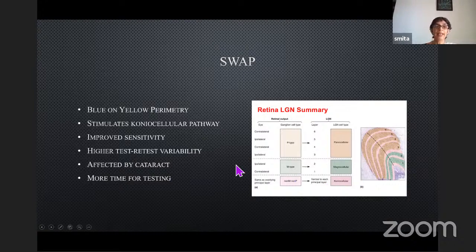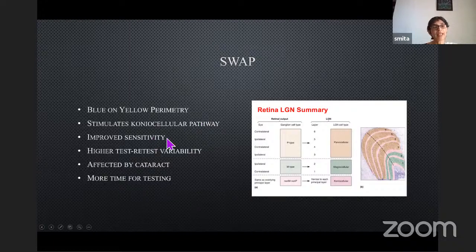So SWAP aims to test or stimulate the blue cones, by stimulating the koniocellular pathway, by producing a blue stimulus on a yellow background. Most of the Humphrey perimeters have this option of obtaining a blue stimulus on a yellow background.